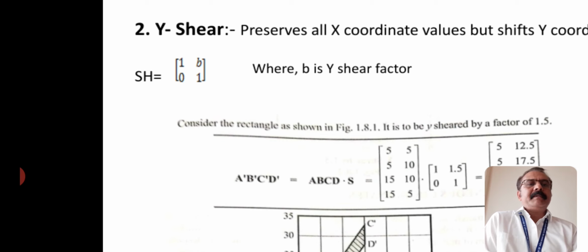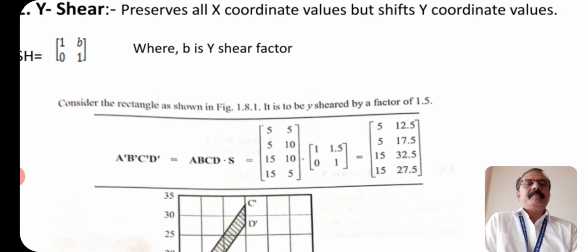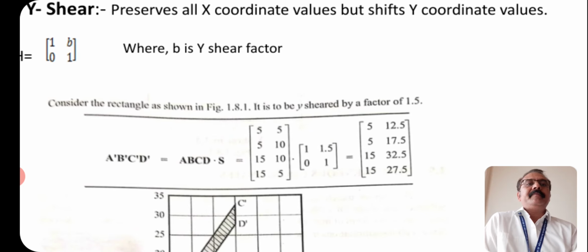Now consider the same example, the same rectangle with the same coordinates 5 5, 5 10, 15 10 and 15 5, and consider the same Y shear factor, that is 1.5.